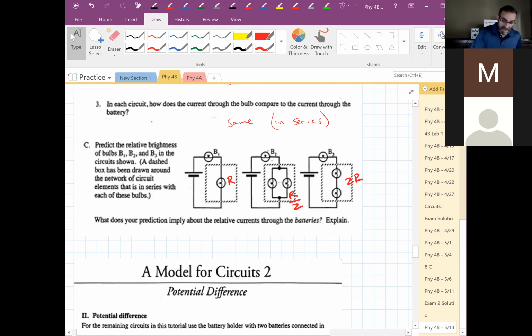So the brightest has to be B2, followed by B1, followed by B3. Is that right? 2, 1, 3. And that's what we saw, correct? Okay. Let's keep going.